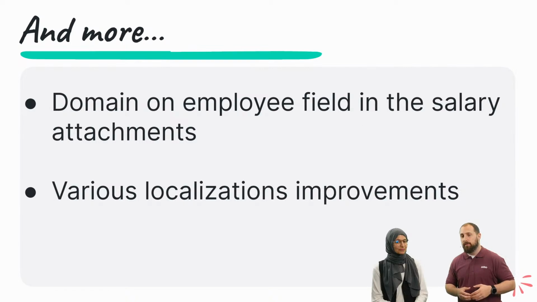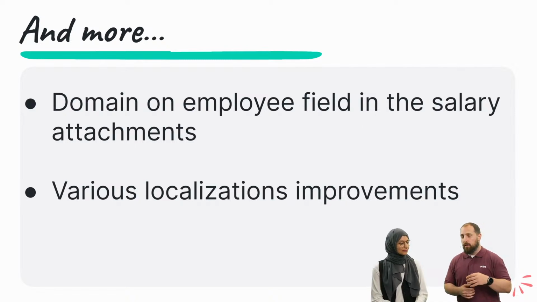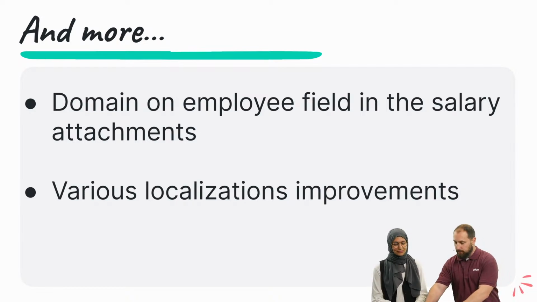There we've added a new domain on the employee field, so now it's easier to select the correct employees that are within the right company. But also, it's really an underestimated feature, so I think we should have a look at it together in the database.